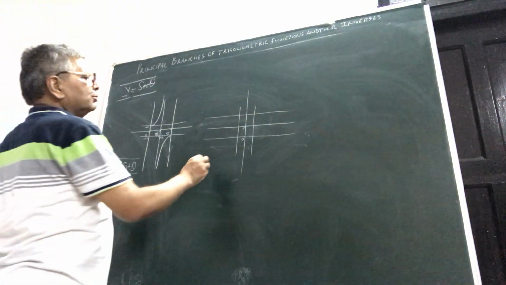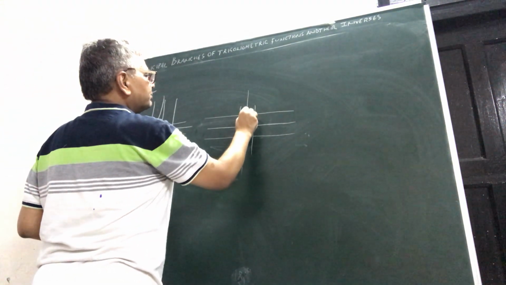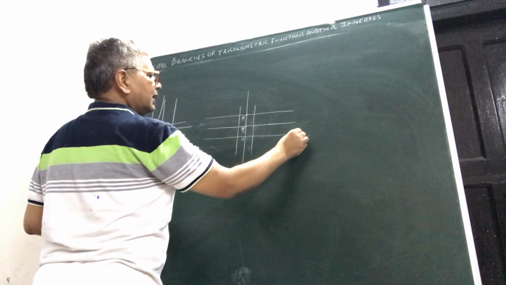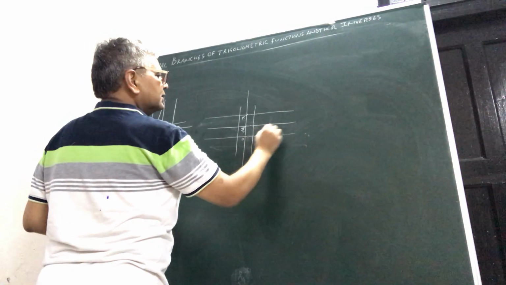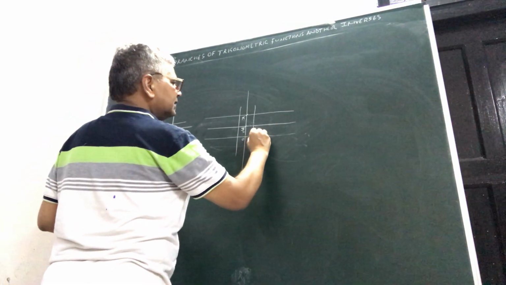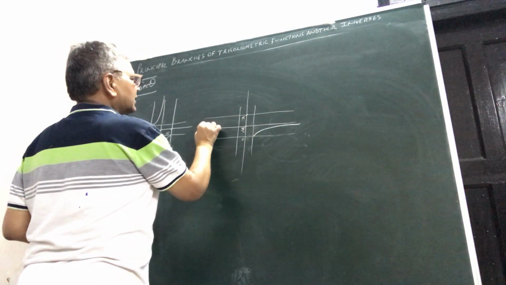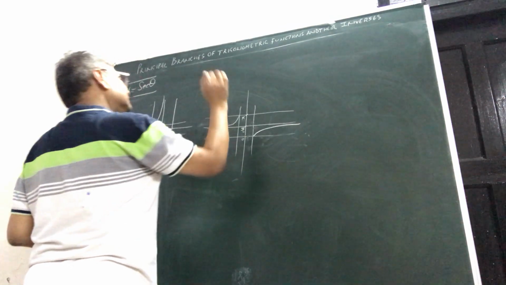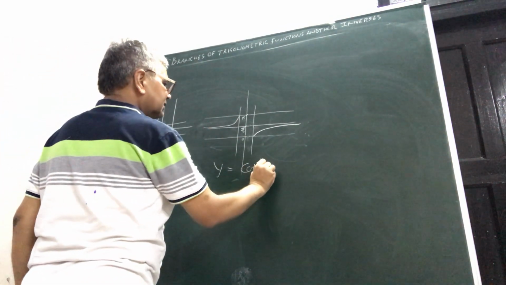So first an inverted parabola you would be drawing between minus pi by 2 to plus pi by 2. So this is pi by 2, this is pi. So first an inverted parabola you would be drawing like this, between minus pi by 2 and plus pi by 2. So in this branch it will go like this, and the other one will be like this. So that is the curve of y is equal to cot inverse theta.